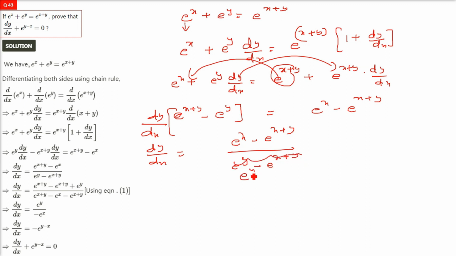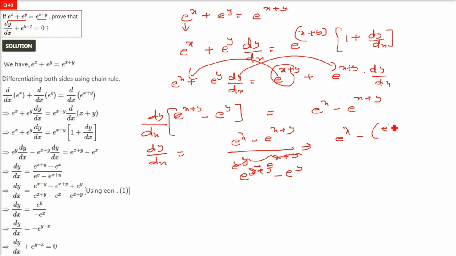Just swap these. So e to the power x plus y minus e to the power y. Now the question is already given to you, and since there can be a replacement, in place of e raise x plus y, you can just write e^x plus e^y. That is e raise x minus this.